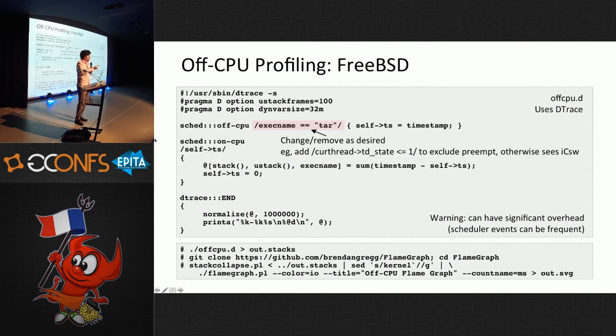No explanation in the user code, but if you look at the kernel code, you'll see you're getting preempted. And so you've just got CPU saturation, and these are involuntary context switches. A way to filter them out is to look at the thread state. So I can make sure that the thread state is less than or equal to 1, in the td_state. That should exclude the involuntary context switches. So you might get a little bit more sensible off-CPU flame graph.